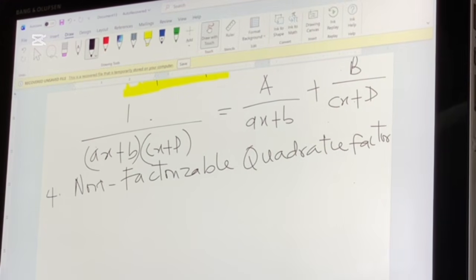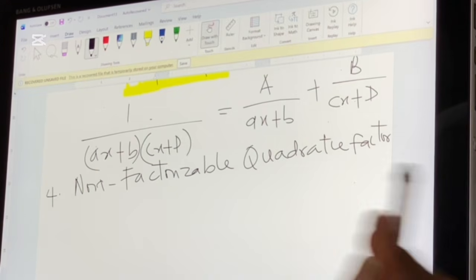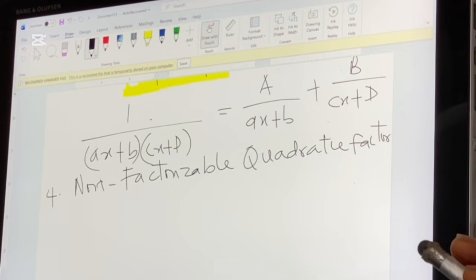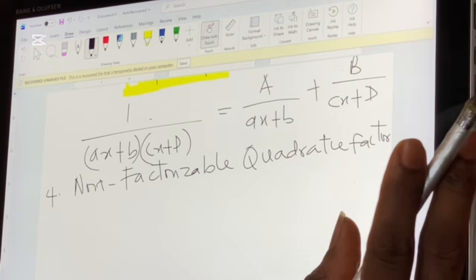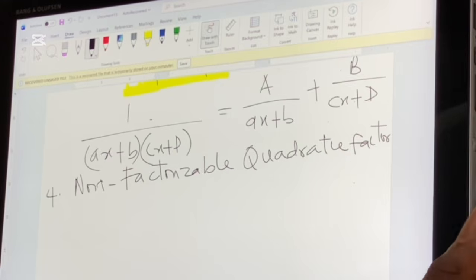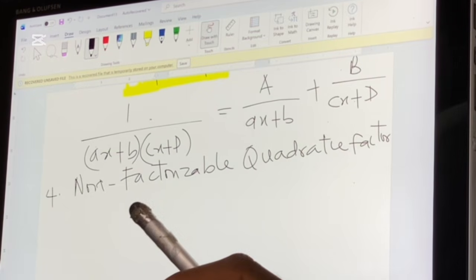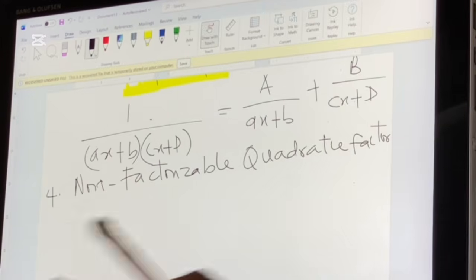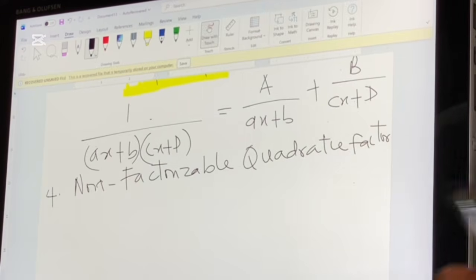Now, class, how do we identify non-factorizable quadratic factor? Class, whenever you have a quadratic factor at the denominator and there are other factors attached to it, we call it non-factorizable quadratic factor.